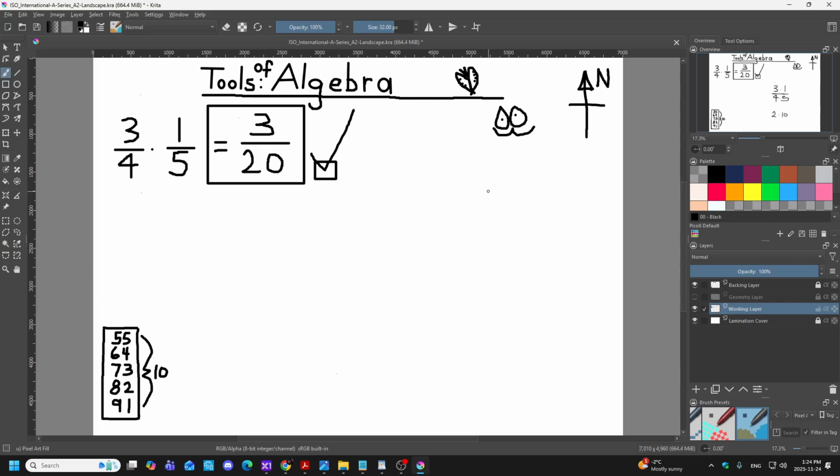Therefore, 3 is a prime number because it can only be divided by 1 and 3. Let's continue on.